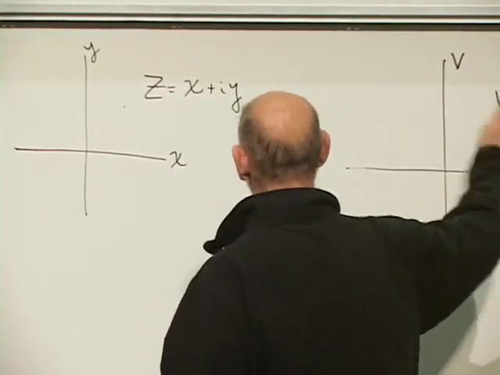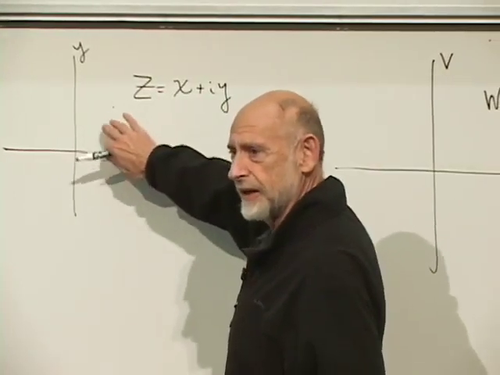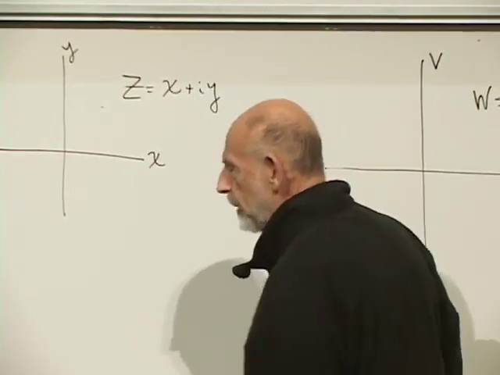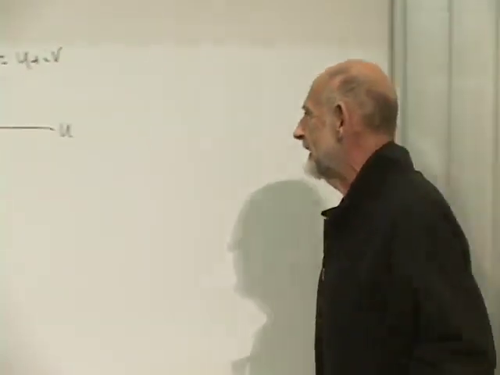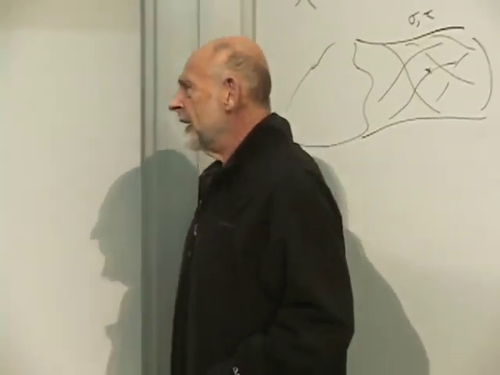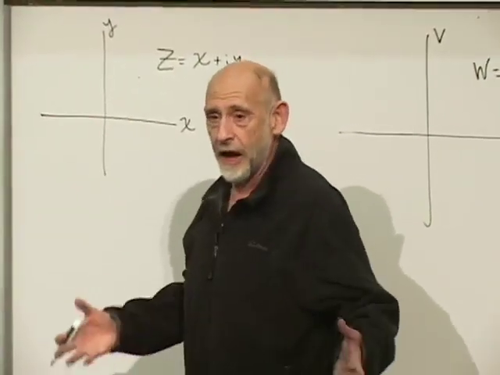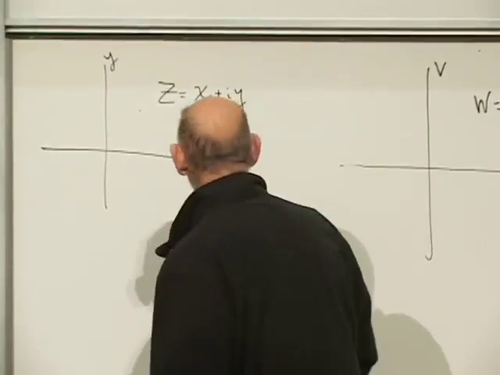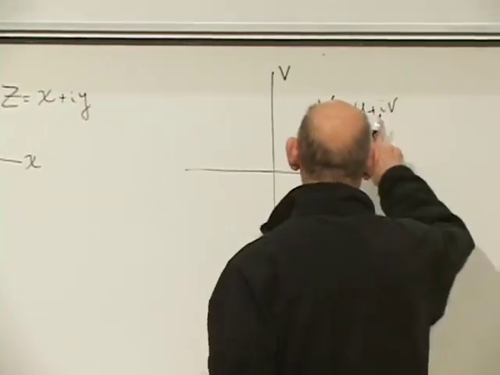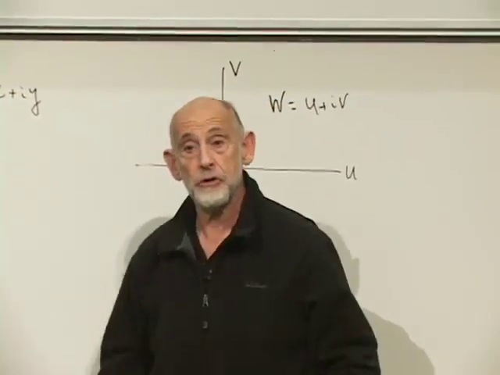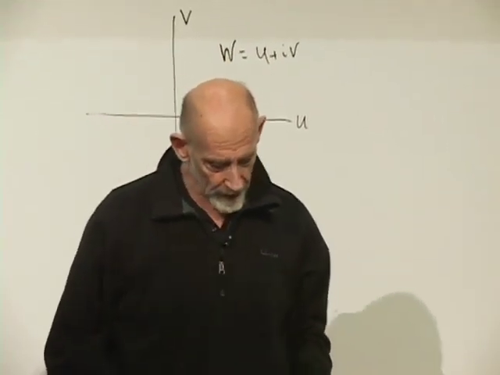For any point on the w-plane, there's a unique point in the z-plane, and for any point in the z-plane, there's a unique point in the w-plane. Okay. This means you can take any point and represent it either by coordinates x and y or by coordinates u and v, and in that sense it's just a coordinate transformation.